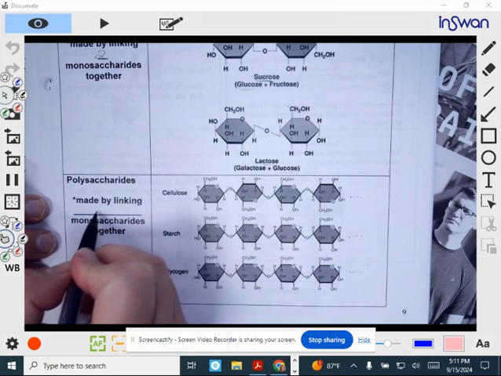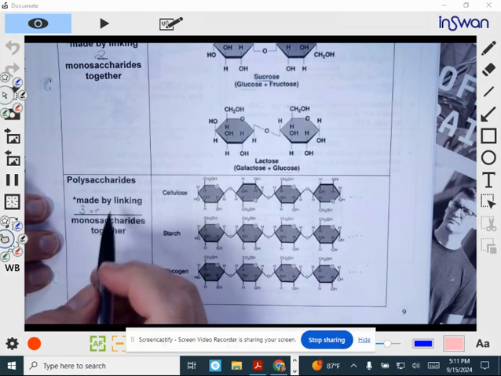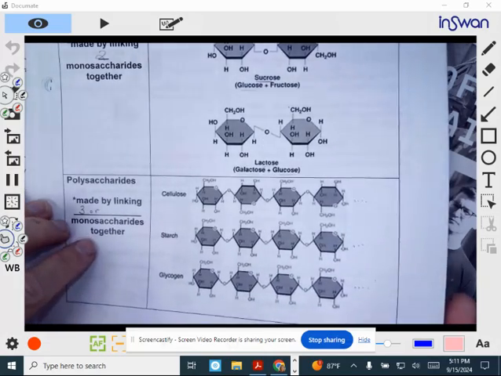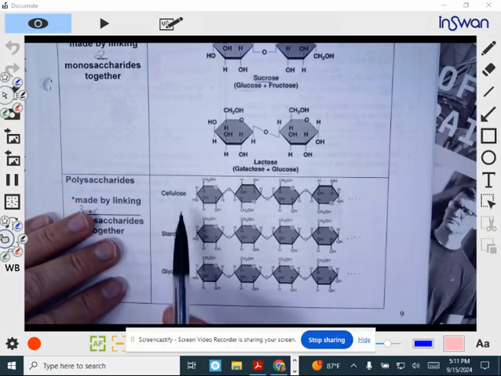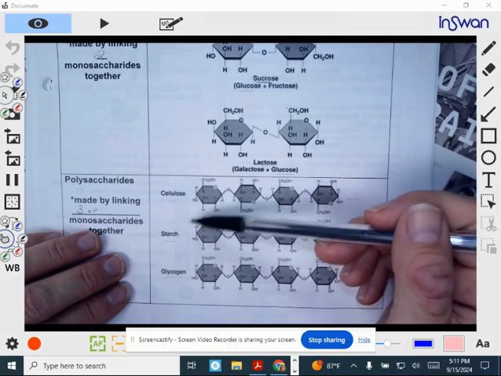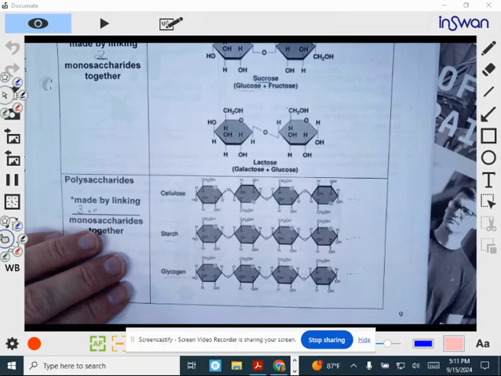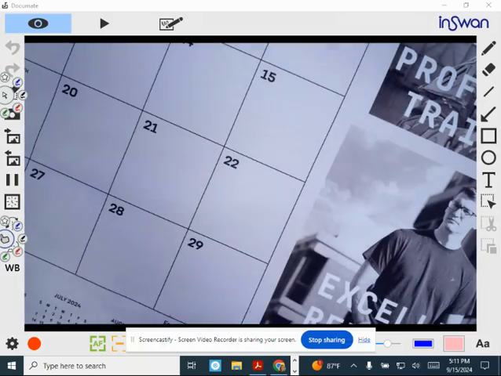Polysaccharides are made by linking 3 or more monosaccharides together. In this case, it's glucose that you need to make cellulose, starch, and glycogen. Notice that when we get to our polysaccharides, we start using other words than -ose, but they're still carbohydrates.